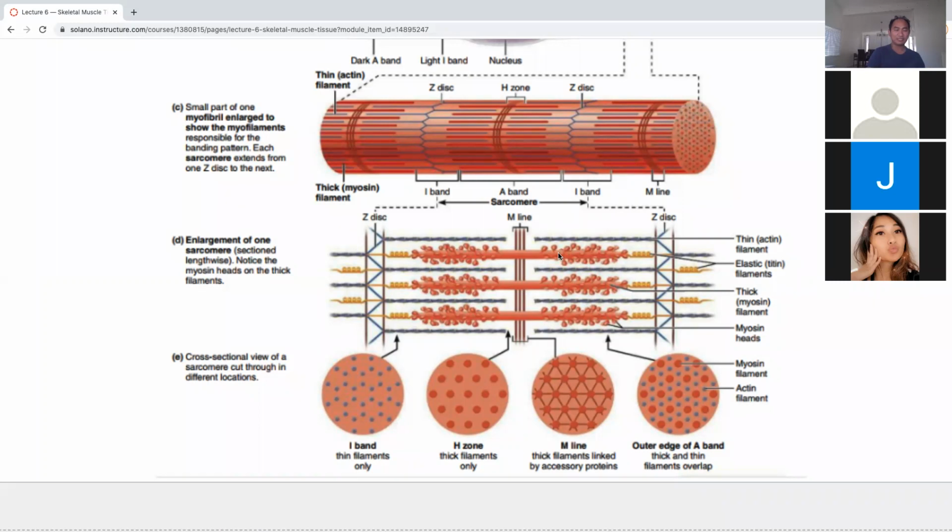Actin, active A, which is small and thin actin, and myosin, M, big fat M. So M is in the center, in the middle, which is big fat myosin. And don't forget, myosin doesn't get attached to the Z disc. It will go and attach only via the titin protein, which is elastic filament.